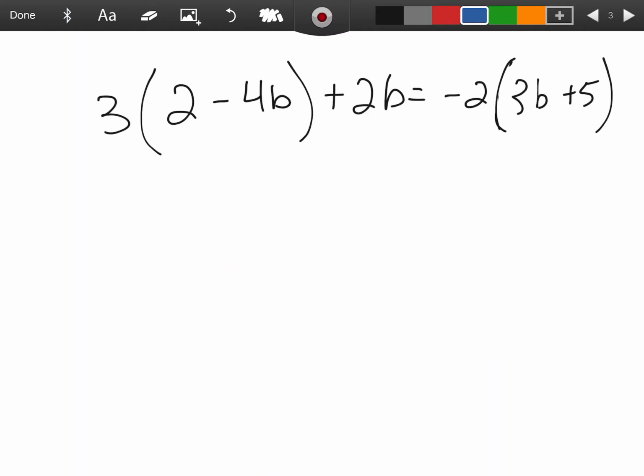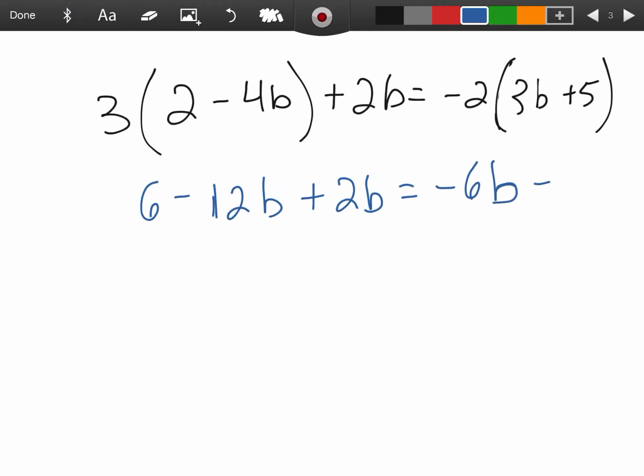So I distribute this 3, I'll get 6 minus 12b plus 2b equals, and let's distribute on the right side. Negative 2 times 3b is a negative 6b, and negative 2 times a positive 5 gives me minus 10.